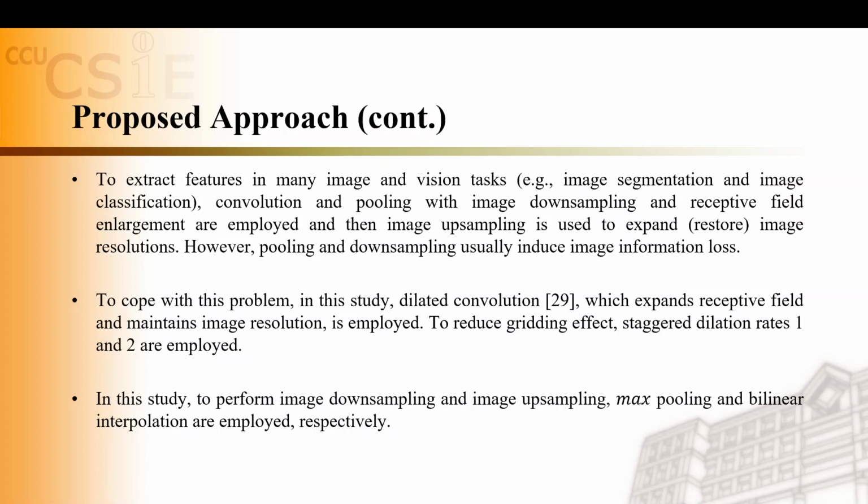So in this study, direct convolution, which expands the receptive field and maintains image resolution, is employed. To perform image downsampling and image upsampling, max pooling and bilinear interpolation are employed separately.